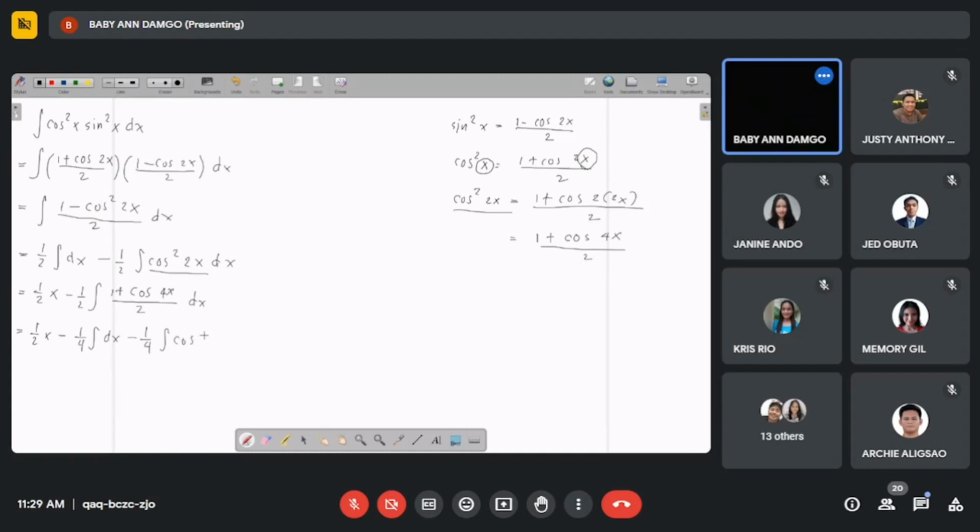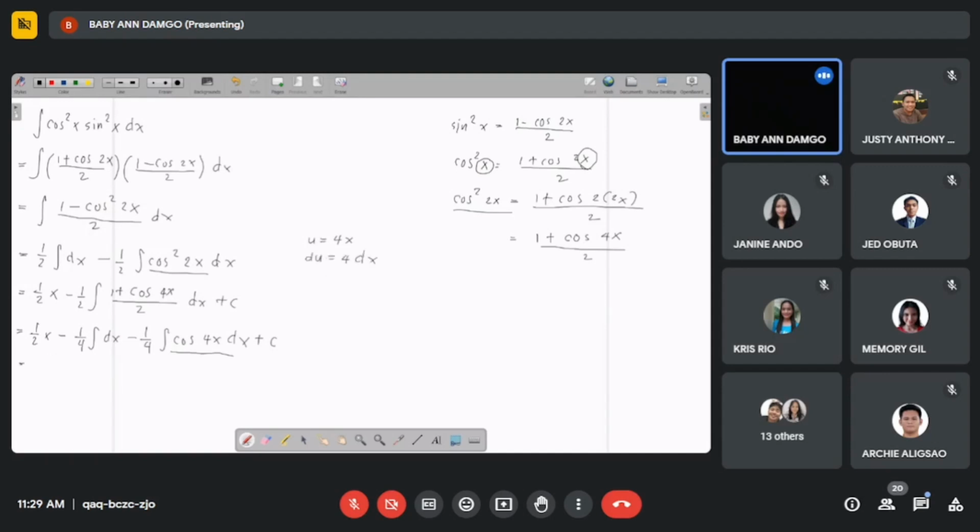Okay? So we have plus c here because we already evaluated the integration of dx. So for this, we use a substitution. We let u be equal to 4x, so our du is 4 dx.